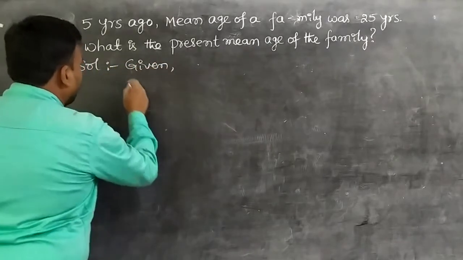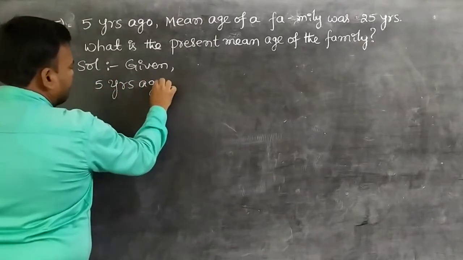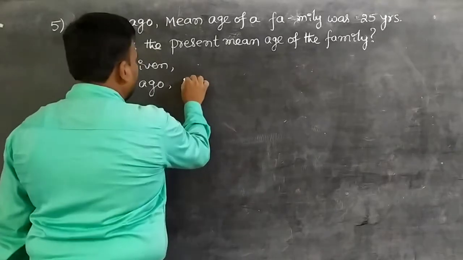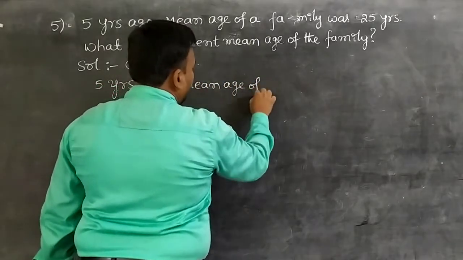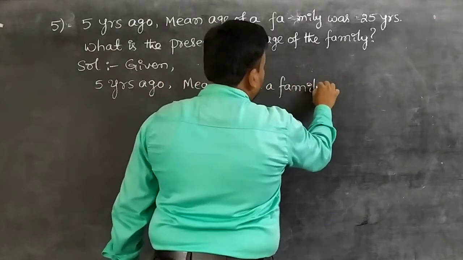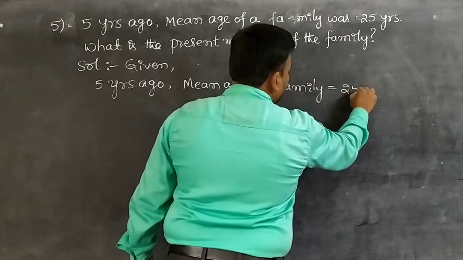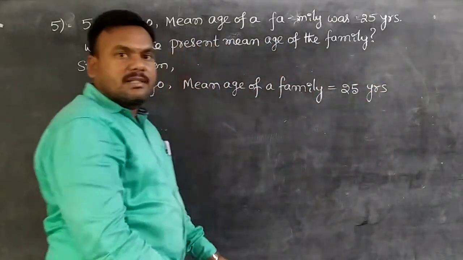Solution given. 5 years ago, the mean age of a family equals 25 years. Is it clear?